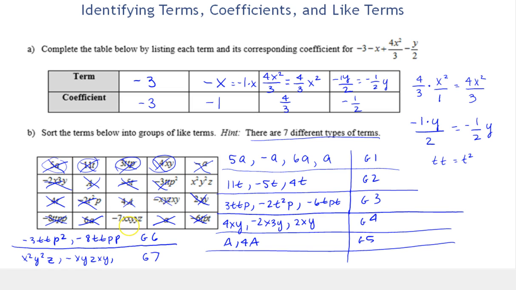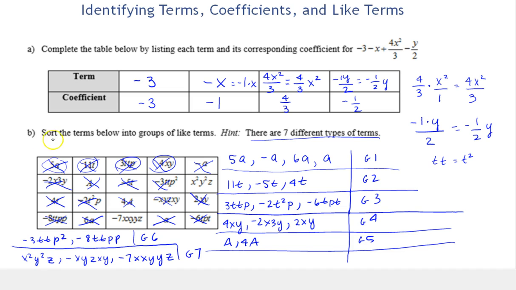And finally, this has 2 factors of x, 2 factors of y, and a factor of z. So negative 7xxyyz. And that would be our 7th group.